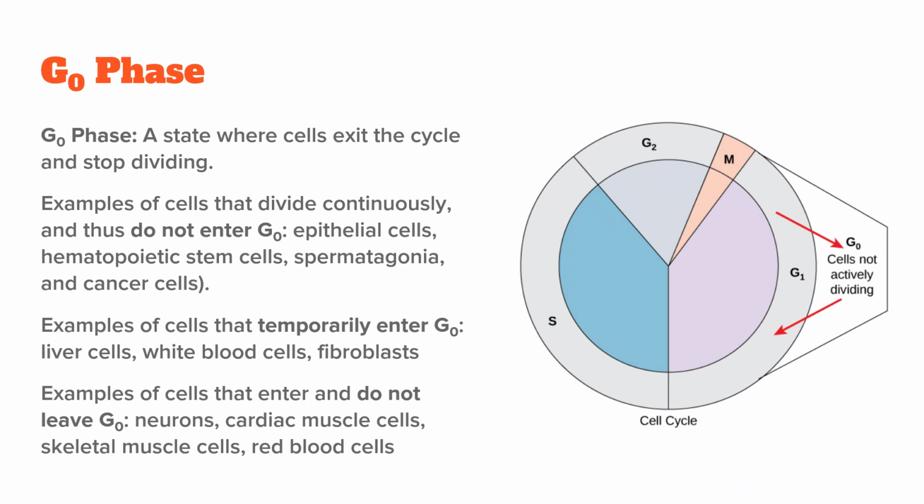Other cells enter G0 temporarily, such as liver cells, white blood cells, and fibroblasts, which can re-enter the cycle when needed. Some cells enter G0 more or less permanently, including neurons, cardiac muscle cells, skeletal muscle cells, and red blood cells.